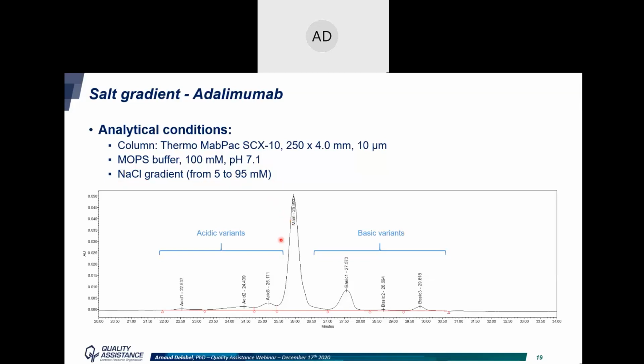And you can see here that we get a nice separation between the different acidic variants and the different basic variants. And we get something that is quite similar to what we obtain with cIEF. But I have to mention that this method development was quite complex in order to optimize the nature of the buffer, the molarity of the buffer, the starting pH, and also the gradient of sodium chloride in order to elute the protein.